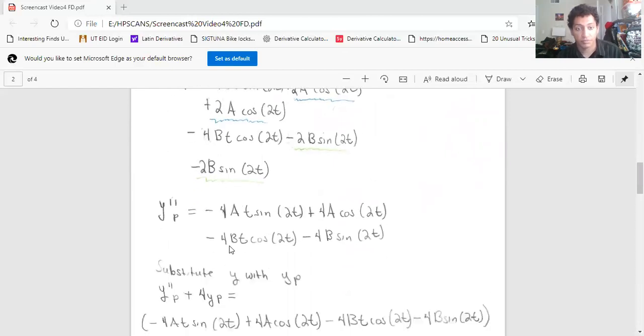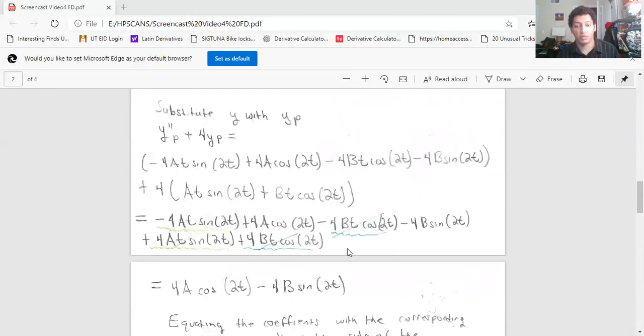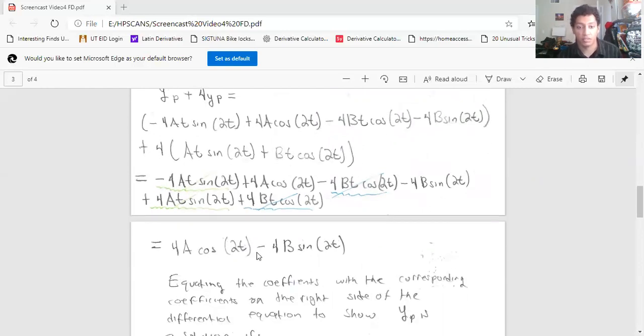You put that in this spot and multiply by 4. Then when you multiply everything out, this form cancels this form in green, and this form in blue cancels this form in blue. That leaves you with 4a cosine 2t minus 4b sine of 2t.